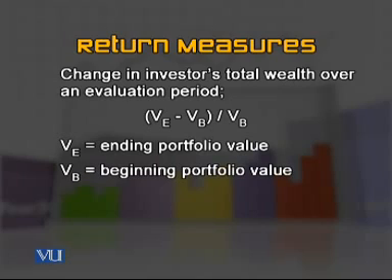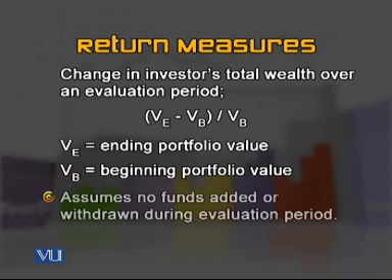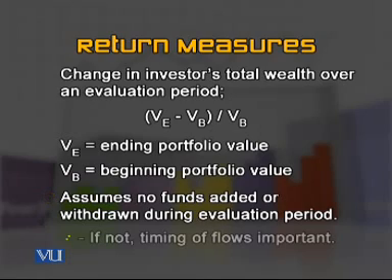Have a look at the equation appearing on your screen, in which VE is the ending portfolio value, VB is the beginning portfolio value, and then you can have the difference of VE minus VB divided by VB, which is the beginning portfolio value, and you'll have a result of the investor's total wealth improvement, hopefully. Assume that no funds are added or withdrawn during the evaluation period, and we do not look at the timings. If not, timing of flows will then be important.